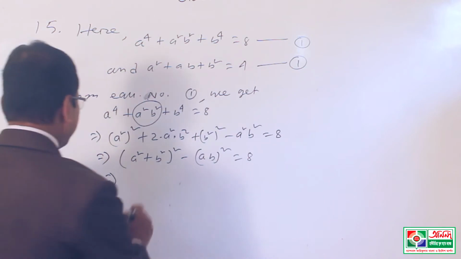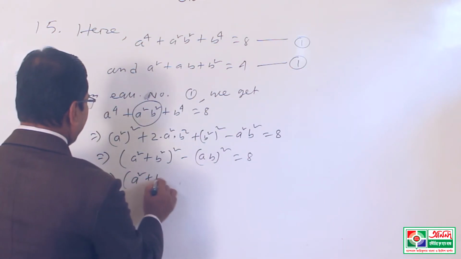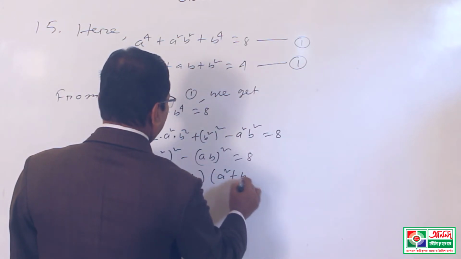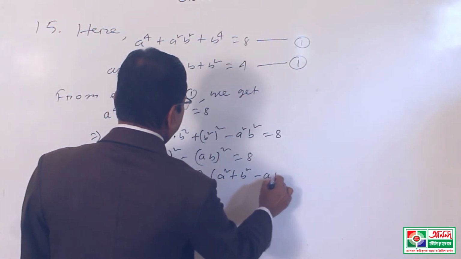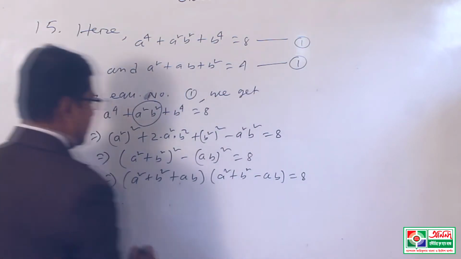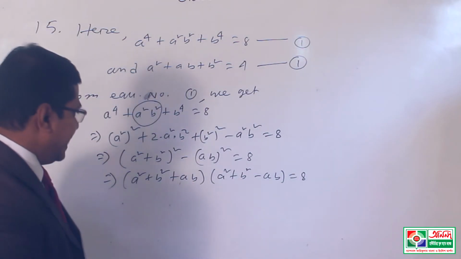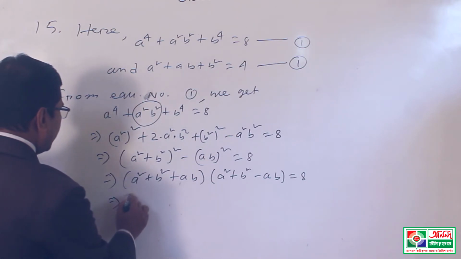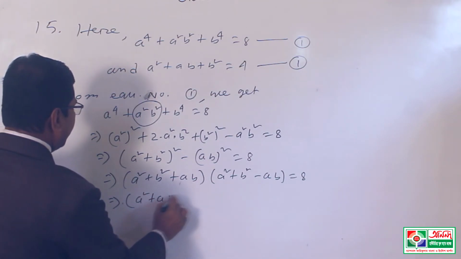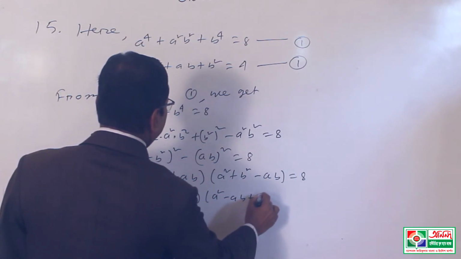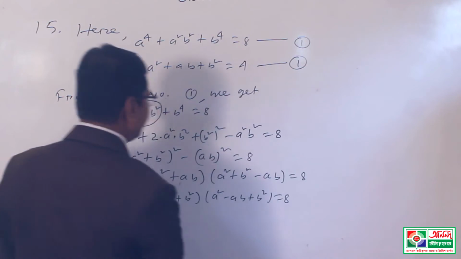So you can write here a square plus b square plus ab into a square plus b square minus ab equal to 8. Now we can arrange it a square plus ab plus b square and a square minus ab plus b square equal 8.